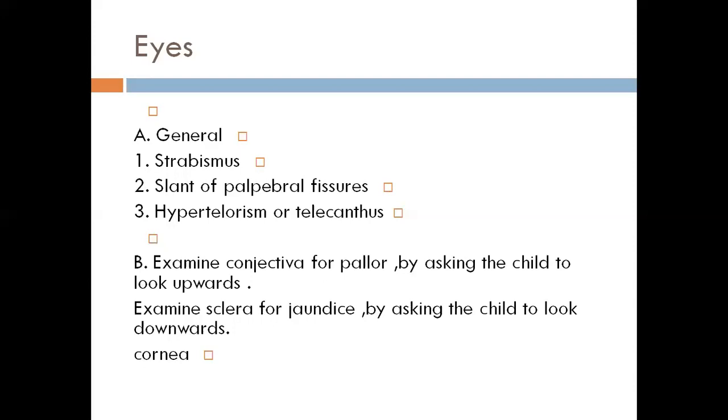Telecanthal fold. Examine the conjunctiva for pallor by asking the child to look upwards. I open the eye, pull the conjunctiva and tell him to look up. I'm checking for the pallor. And if I tell him to look down, I pull the upper lid and have him look downwards to check for jaundice. Of course, if I'm looking for pallor, it's not only in the conjunctiva.